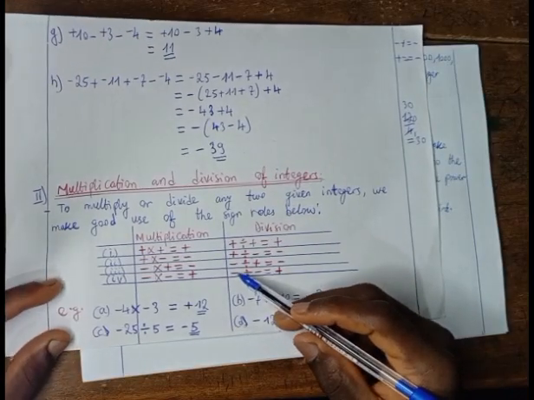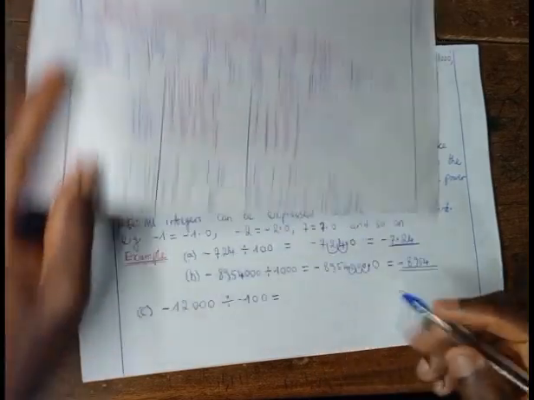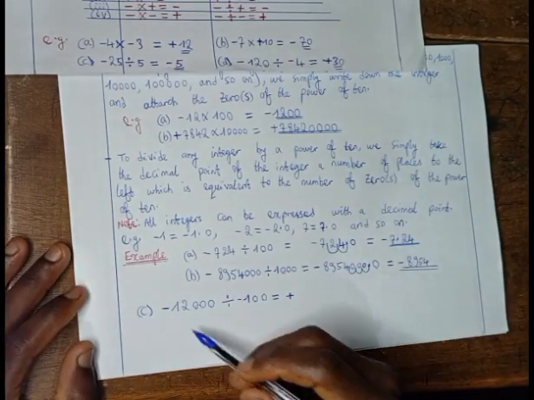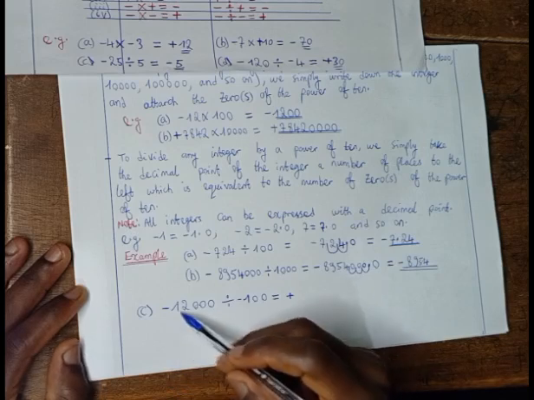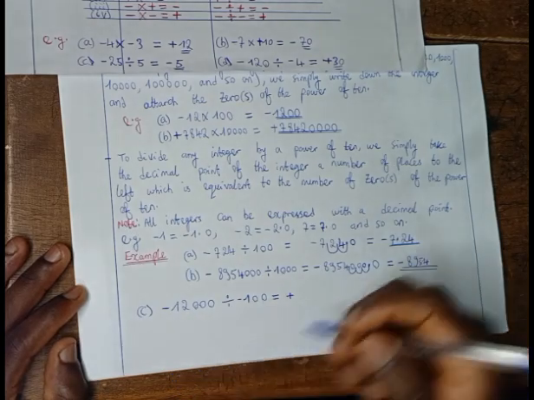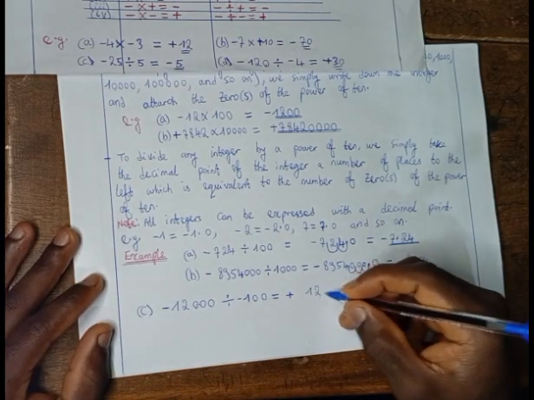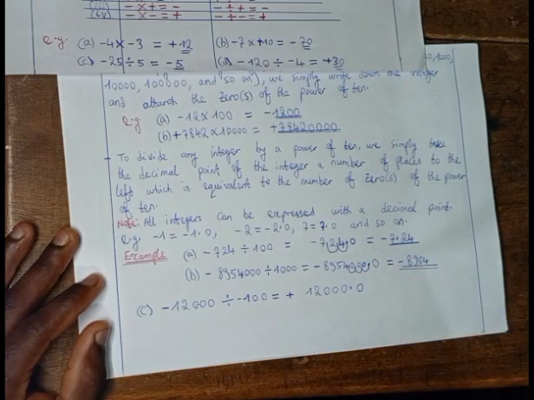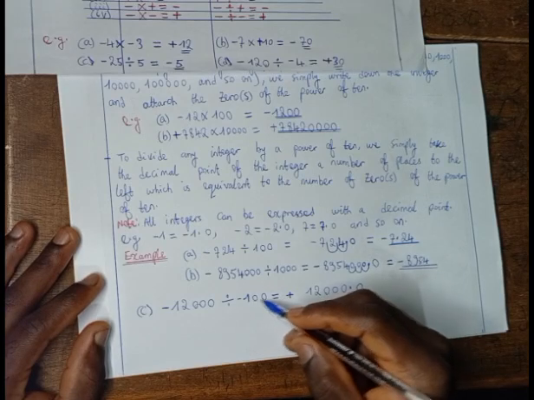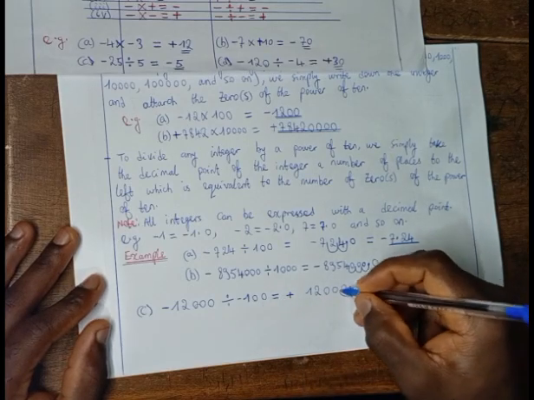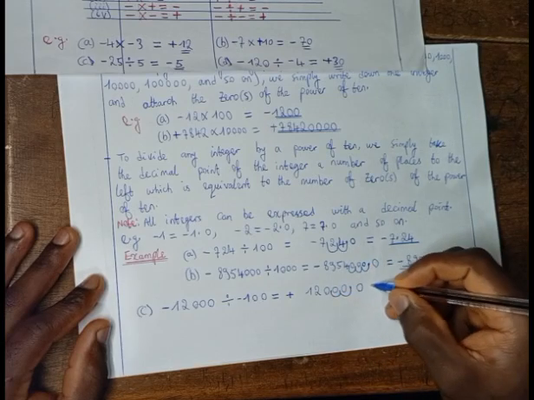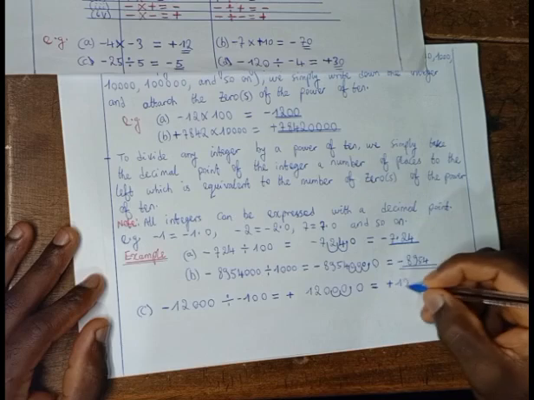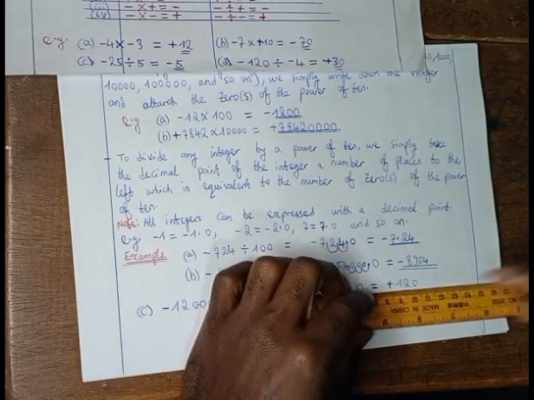If you divide two negative numbers, the resulting sign will be positive. Now we assume we are dividing two positive numbers, 12,000 by 100. Write down 12,000, decimal point 0. We are dividing by a power of 10 which has two zeros, so I take the decimal point 1, 2 places, and this will simply be equal to positive 120. Take note of such cases.